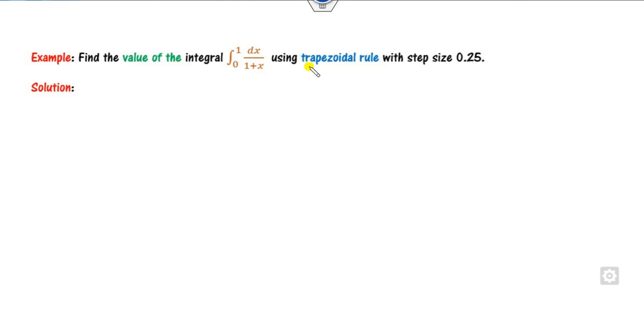Look at that. They are talking about the trapezoidal rule, not the composite trapezoidal rule. But the step size is given to you. Step size means h is given to you as 0.25. If you compare this function with integral of f of x dx, this is my a, this is my b, and your f of x will be 1 over x plus 1.